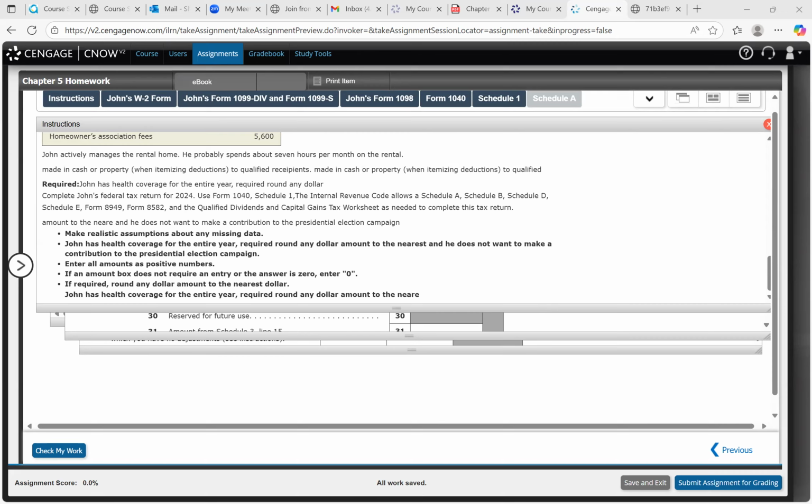Normally, the Schedule D has income that flows back to it. And basically, the capital assets from the sale of the home will show on the 8949 and then transfer back to the Schedule D.